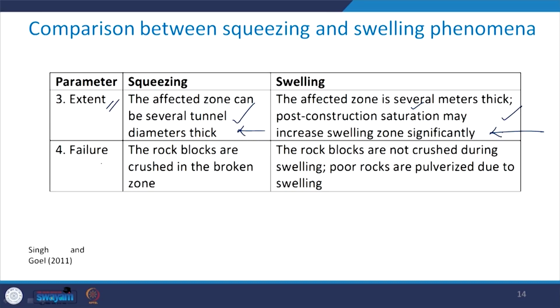Coming to the parameter concerning the failure, in case of the squeezing condition, the rock blocks are crushed in the broken zone. However, in case of the swelling condition, the rock blocks are not crushed, but poor rocks are pulverized due to swelling. So, that is one of the major differences as far as the squeezing and swelling phenomena is concerned with respect to failure.